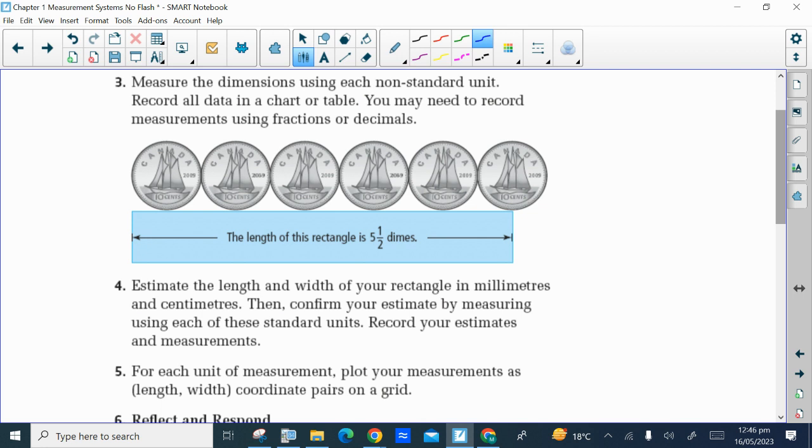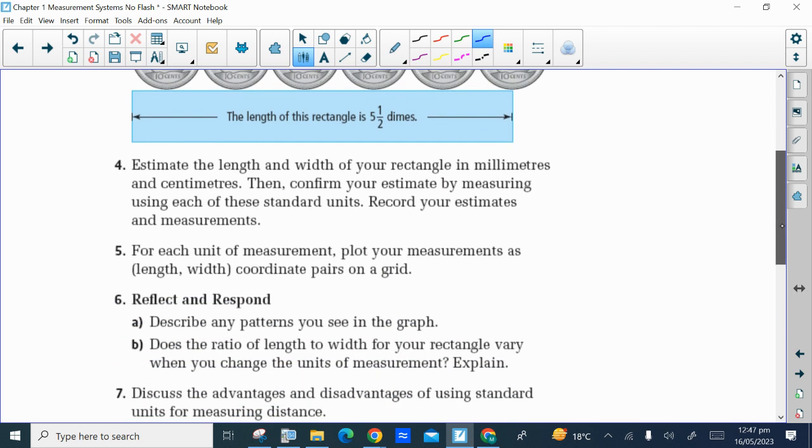You can lay out dimes on this rectangle and see that it is 5.5 dimes wide. If each dime is a half an inch, then the actual width of the rectangle could be approximated by going 5.5 times a half. This is the whole idea of a referent, which we will talk about from time to time.